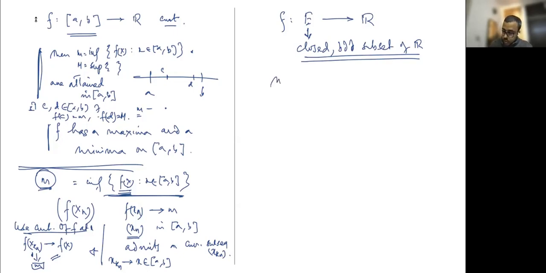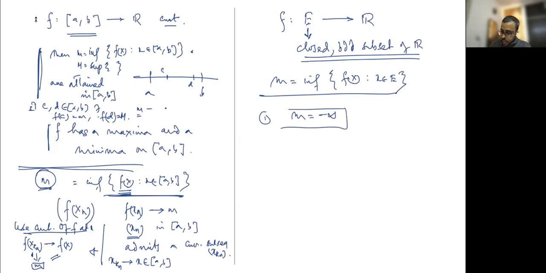First part of the argument, if let's say it is not bounded below, which means if m is minus infinity, so you try to follow the exact same path. So where did we use the fact that it's defined on a closed bounded interval?